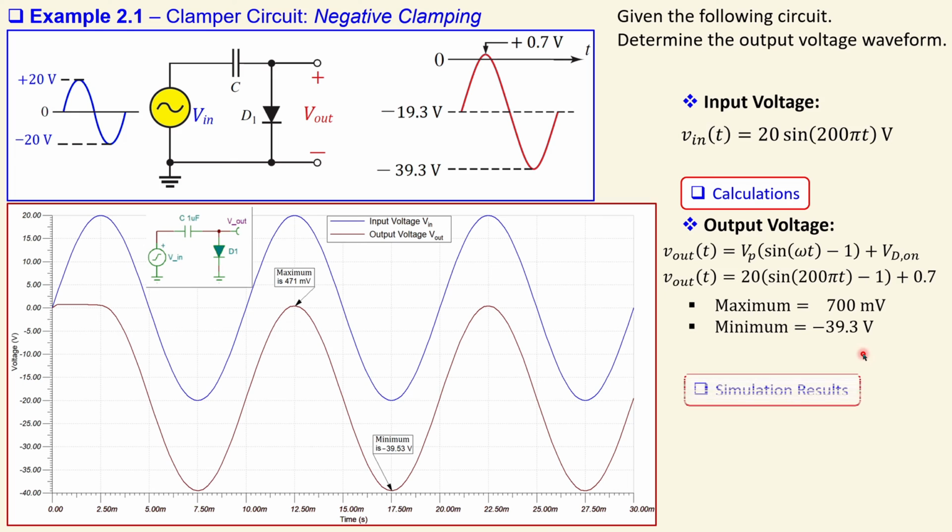Now, we see in the simulator that the output maximum and minimum values are those, and I think these are not really that off. So we can say that our calculations are close to the simulator results here. Okay, now that's for this example 2.1.